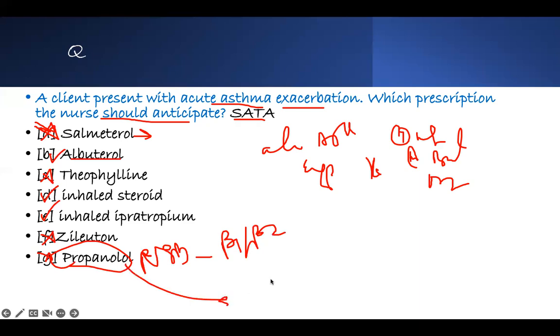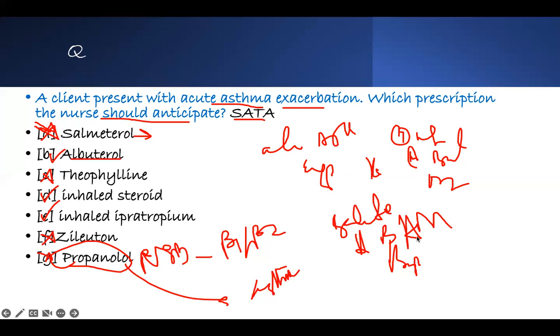Non-selective are not good in asthma. What you want to be used in asthma is selective, which are what we call BAM. These are bisoprolol, atenolol, and metoprolol. Propranolol is not good, so we can't use it.